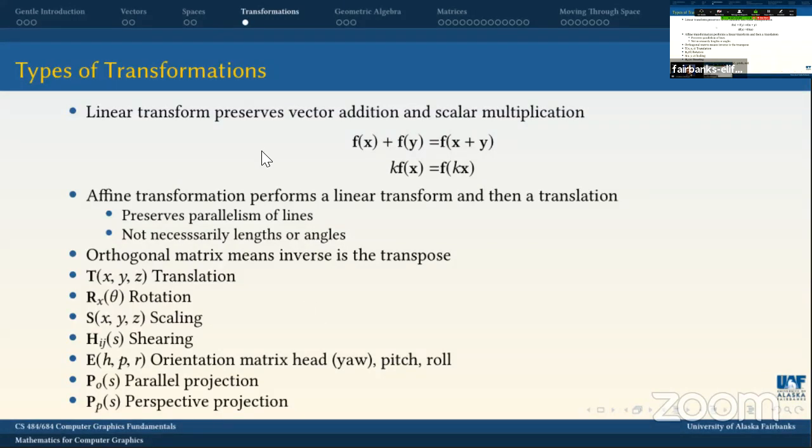We talked about 3 kinds of transforms. There's the linear transform that preserves vector addition and scalar multiplication.